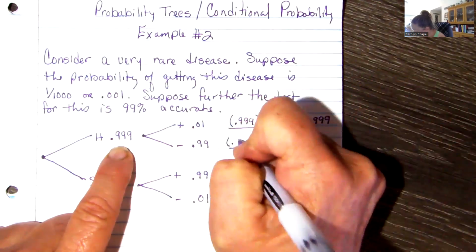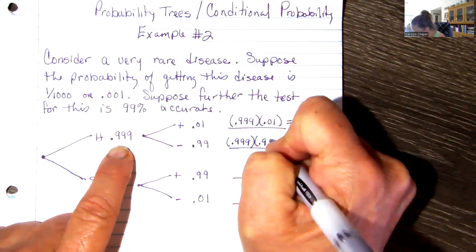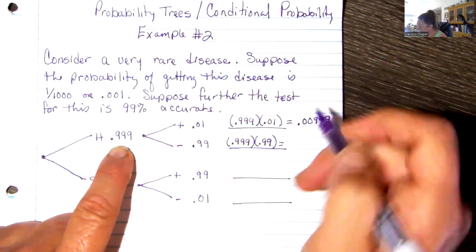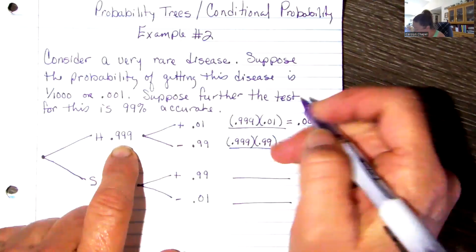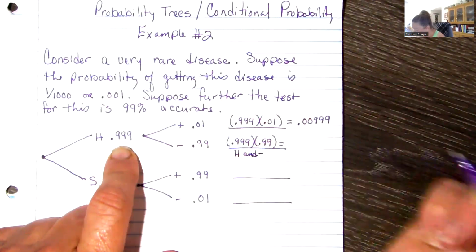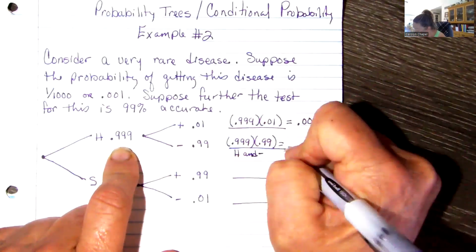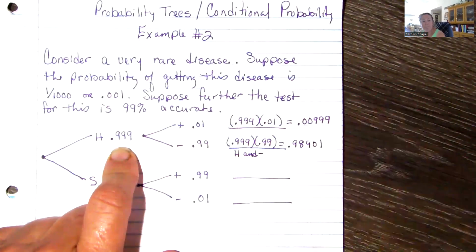Here we could multiply these, and this would be our healthy and a negative, so H and negative. So this is 0.98901.